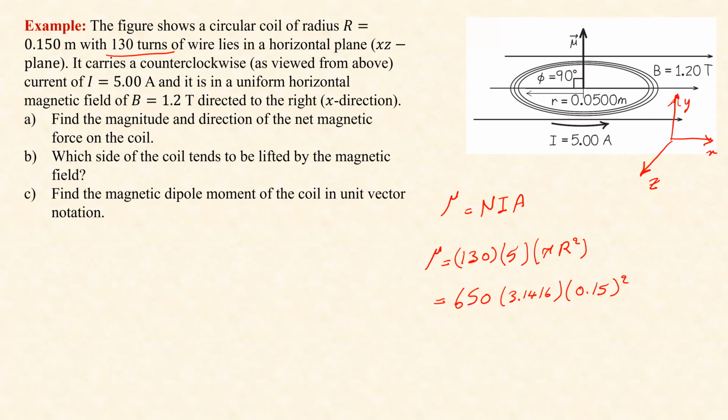So if you calculate that, 0.15 squared times pi will be 0.0707, times 650 will be 45.9, or almost 46. What is the unit of that?